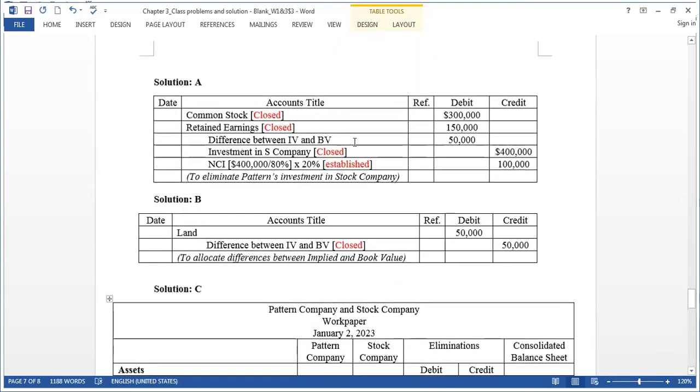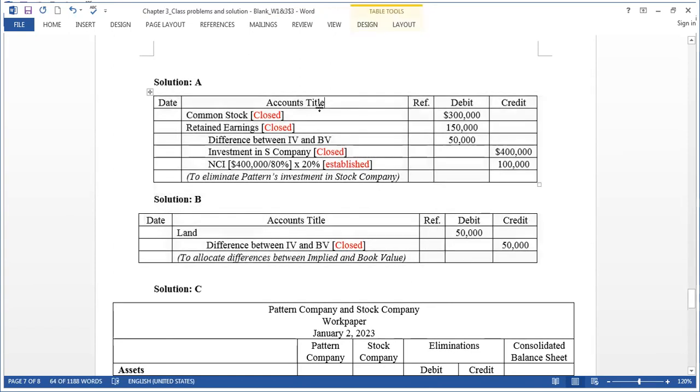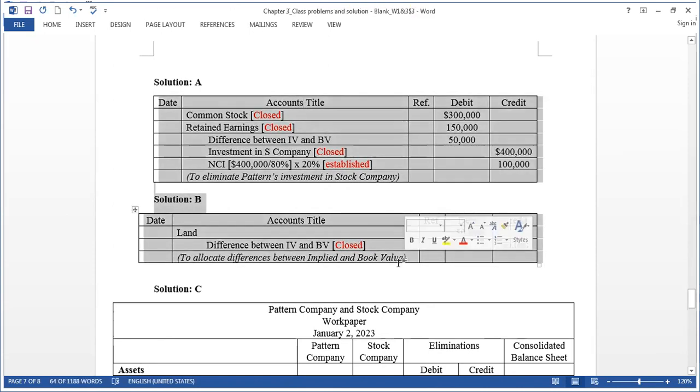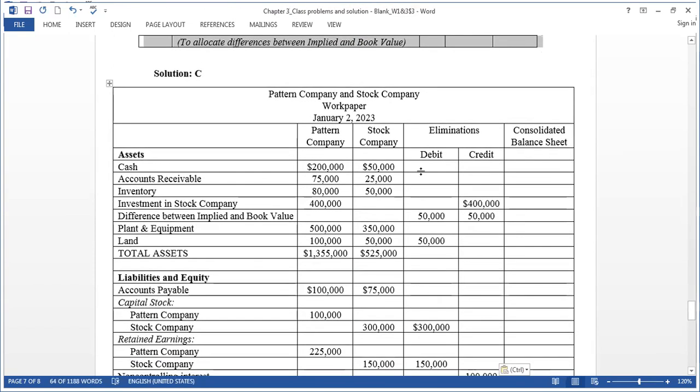If maybe in the exam question I do not ask you to record this journal entry, even though I did not ask you to do this kind of journal entry, I suggest you do it by yourself. If you can 100% successfully do these journal entries, then you can 100% answer the work paper. Do you understand?